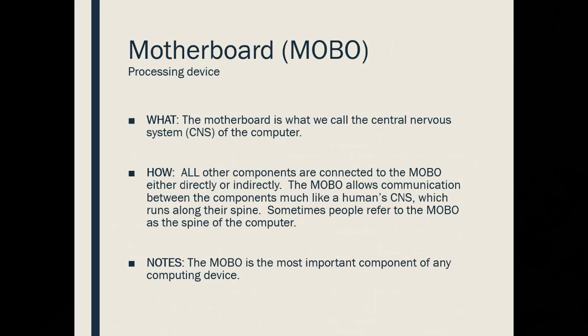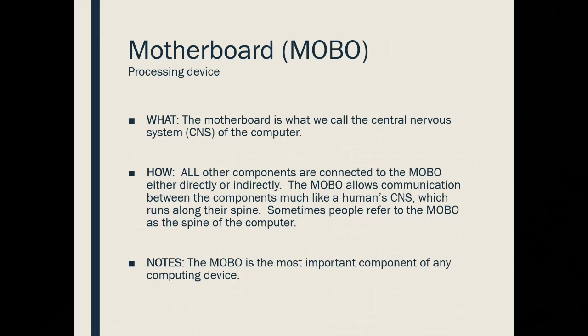So first of all, the motherboard, otherwise known as the MOBO. And this is a processing device. It manipulates data, it moves it around and everything like that. So what is it? The motherboard is what we call the central nervous system, or the CNS, sometimes the spine of the computer. All components of the computer plug into the motherboard, either directly, attached right to the board itself, or indirectly via some kind of cable.